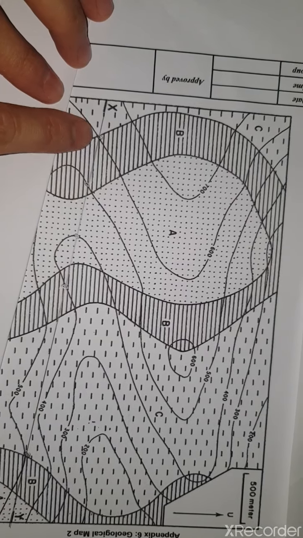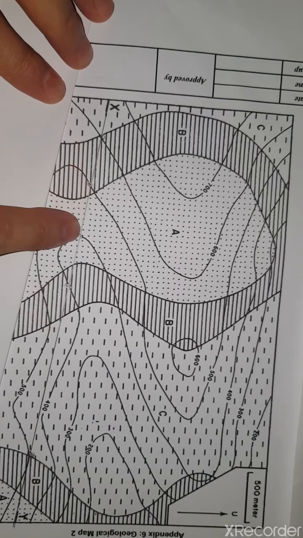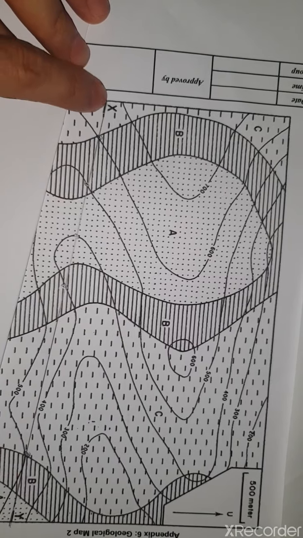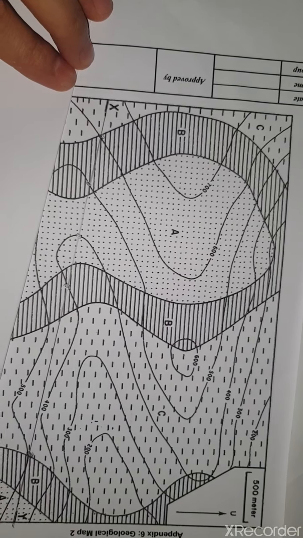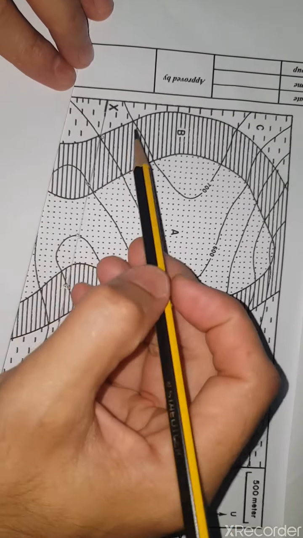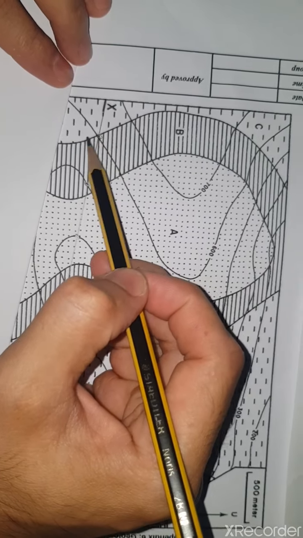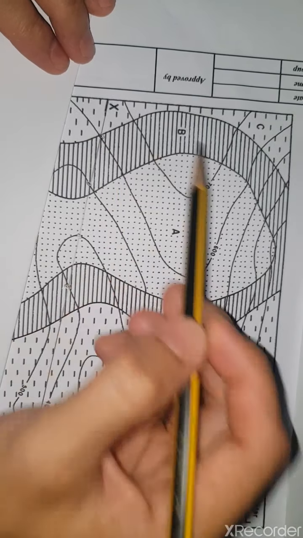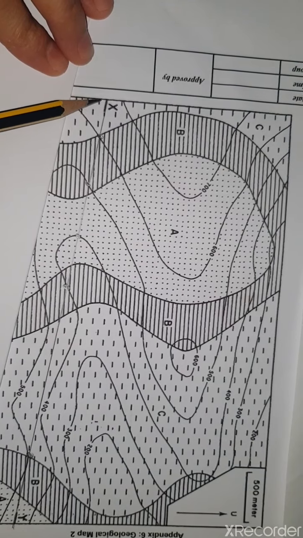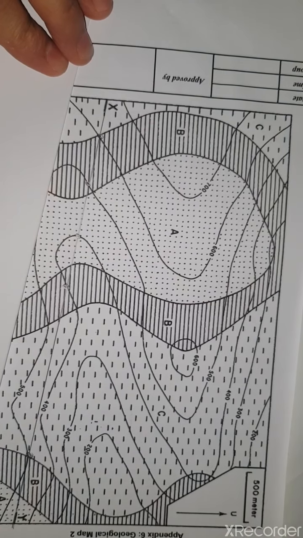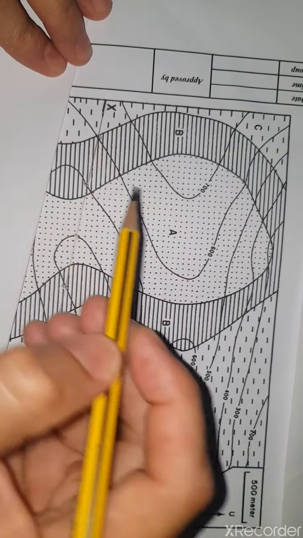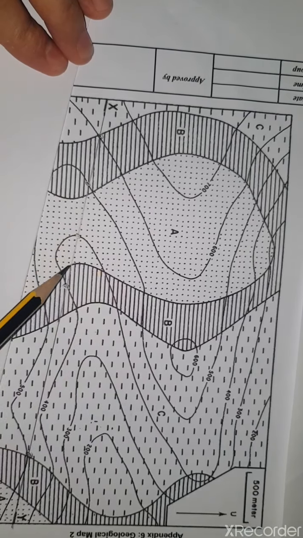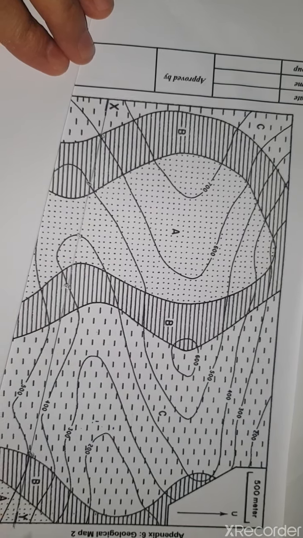After we have these points of contour in section X and Y, you must find the boundary bedding line, which intersects with the line of X and Y. So here 1, 2, 3, 4, 5 and 6.